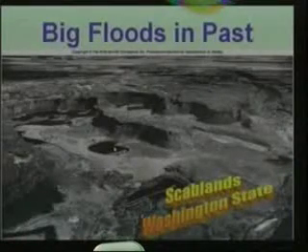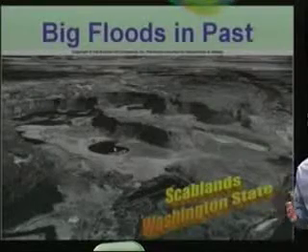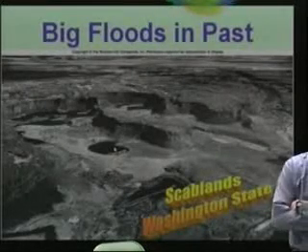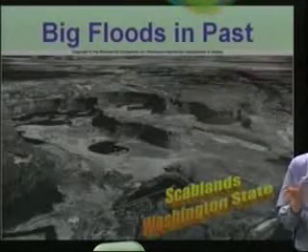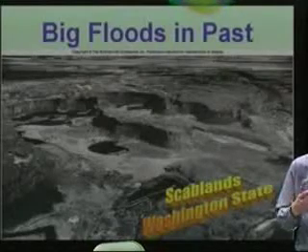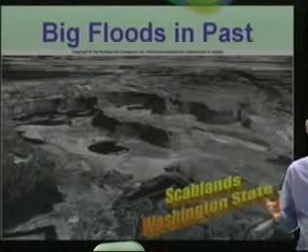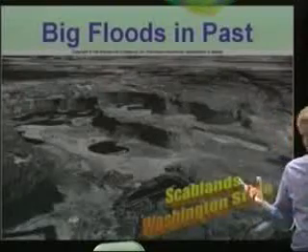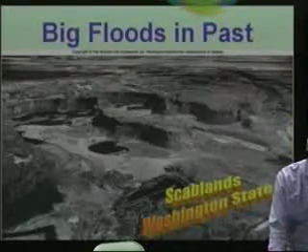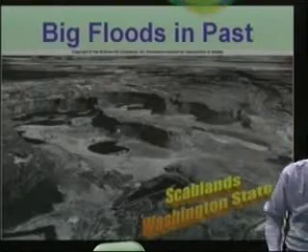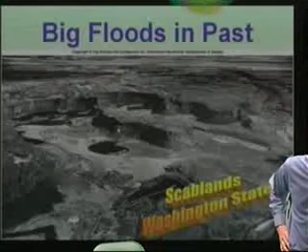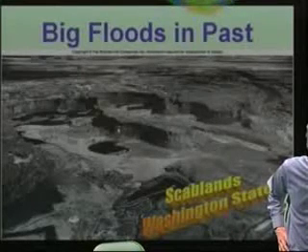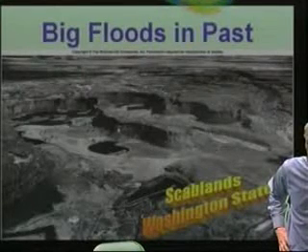All right, what about some past floods? I'm going to show you a couple examples of some pretty wild floods that are not necessarily the major river system floods we're thinking of today, like the Mississippi flooding or the Kansas River flooding and the Missouri. This is an area in eastern Washington State, nicknamed the Scablands.